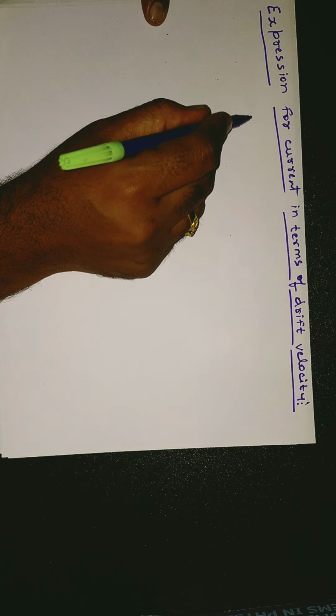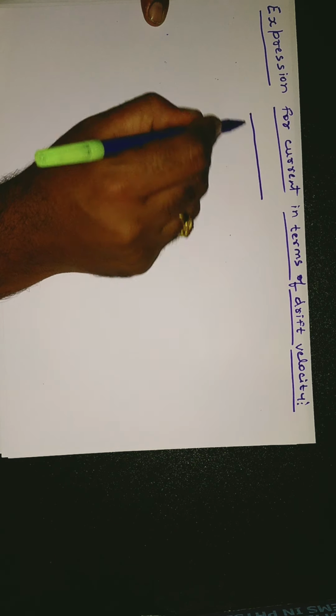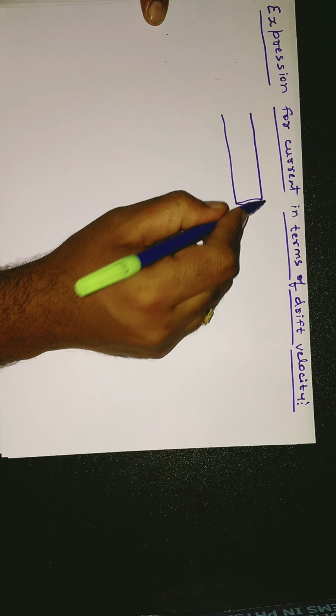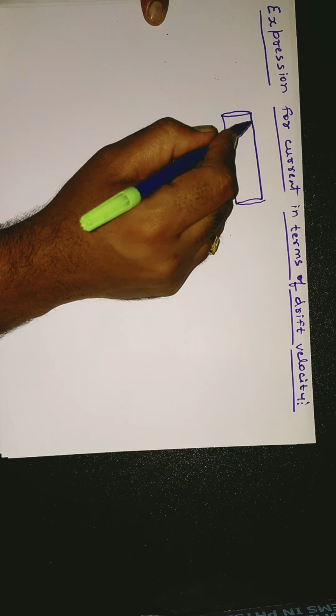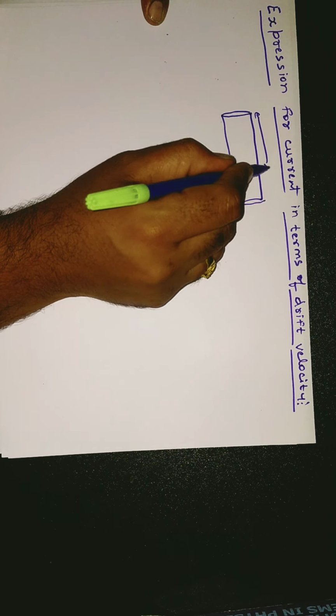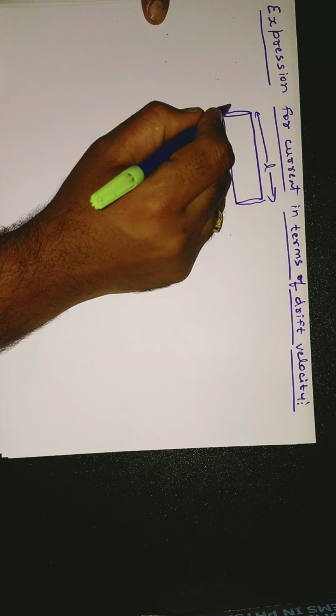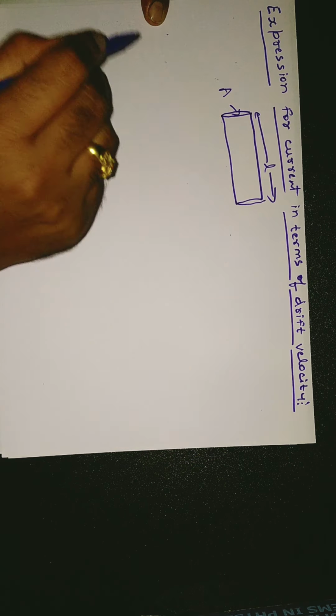We will consider a conductor of some length L, and the area of cross section of the conductor is A.